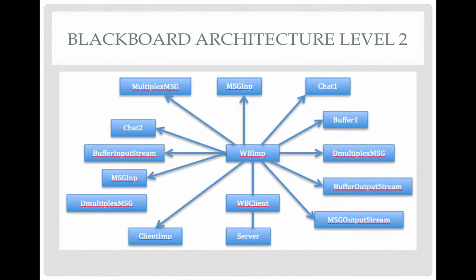We have the architecture of a Blackboard level 2 diagram, as we saw in our class, where we can put the centralized data in the middle, and all the other classes surround this and have functionality with this data.